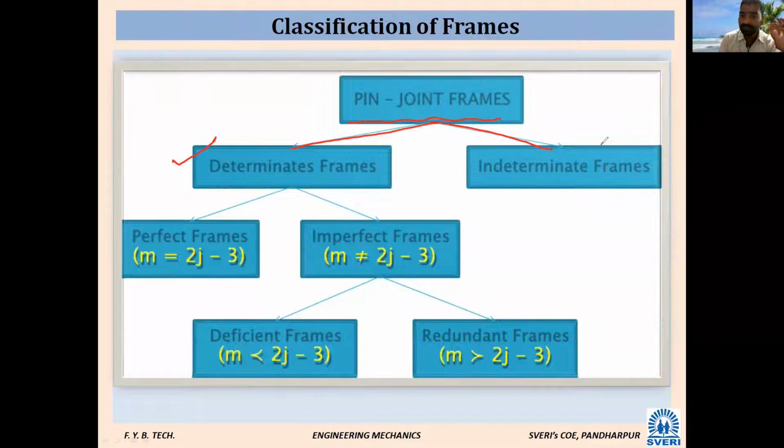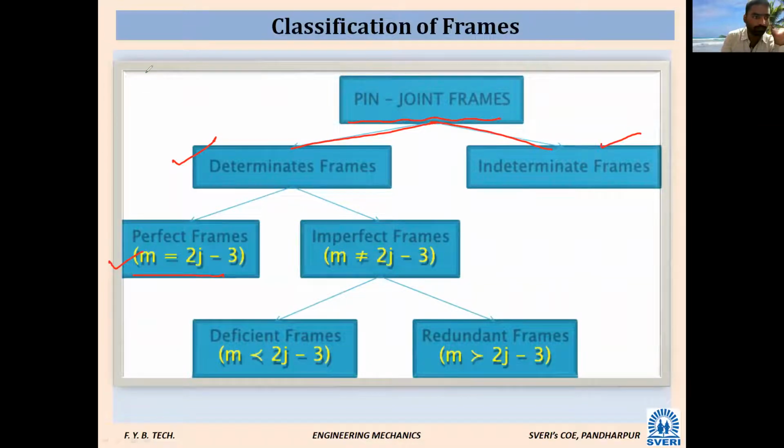For indeterminate, complete analysis is not possible with only equilibrium equations. Now, perfect frame: if m is equal to 2j minus 3, then that is called a perfect frame. If m is not equal to 2j minus 3, then that is called an imperfect frame.